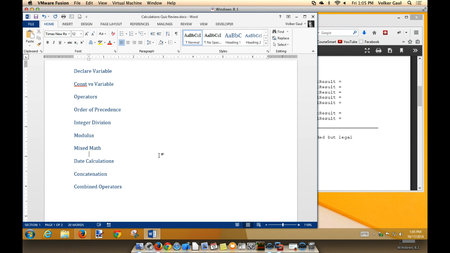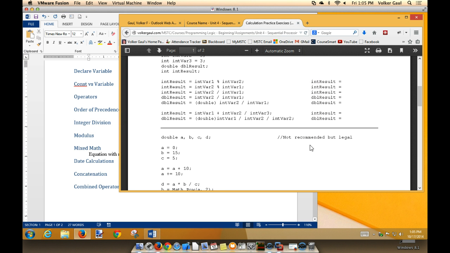Those are the only types that we use. So it is one equation with a mix of integers, doubles, and decimals in it.